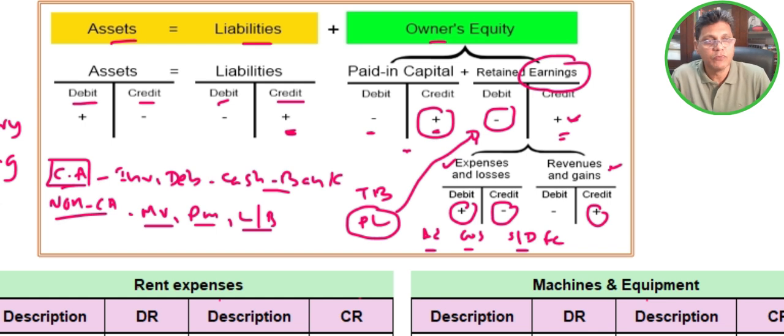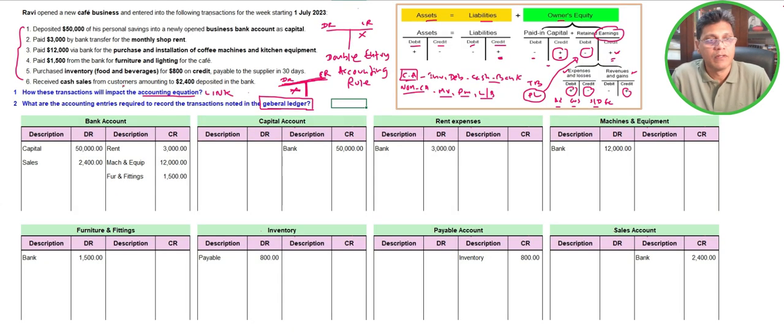Okay, now let's move on to this particular question. Ravi deposited 50,000 of his personal savings into a newly opened business bank account as capital. Now what has happened? Ravi, the owner, has deposited 50,000 into a newly opened bank account. When you take this transaction, the owner has invested this money, so the business has received an asset, the bank.